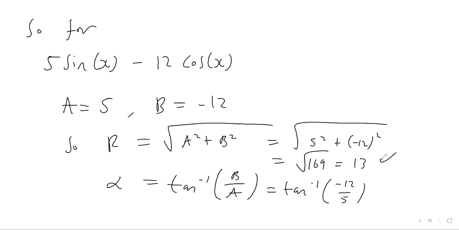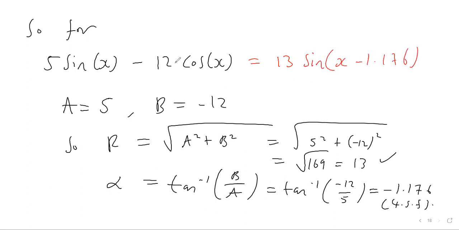And if we do that on the calculator, we get the same thing as we got before. We get minus 1.176 to 4 significant figures. So again, that means that therefore this is equal to 13 times sine of x minus 1.176.